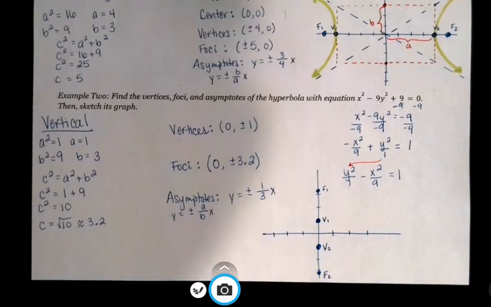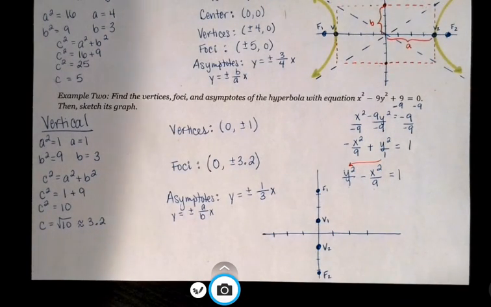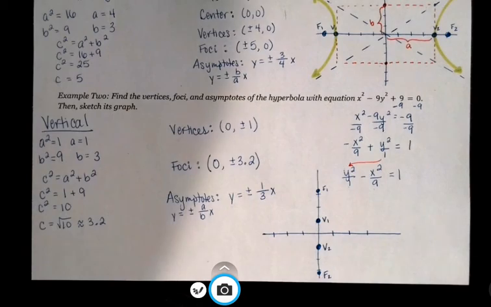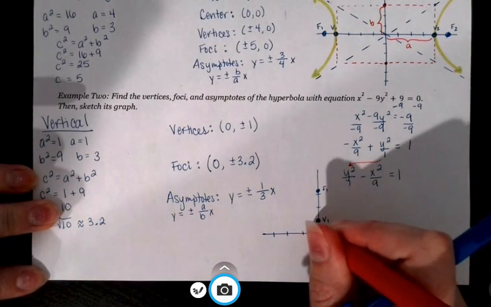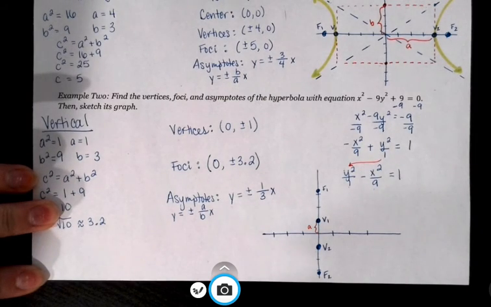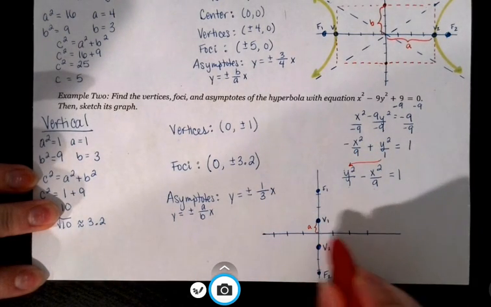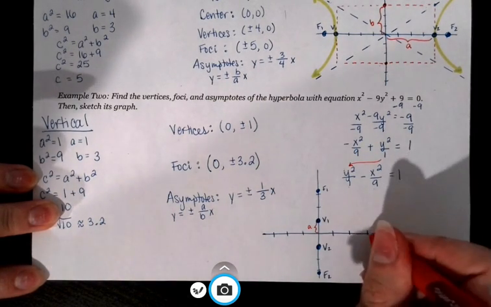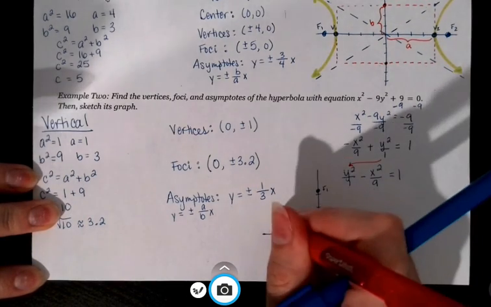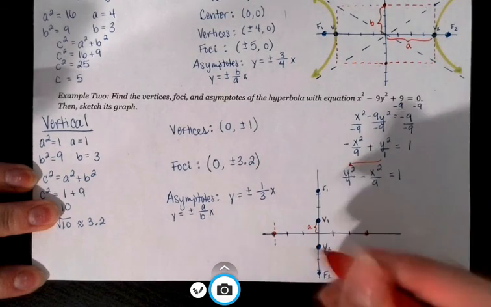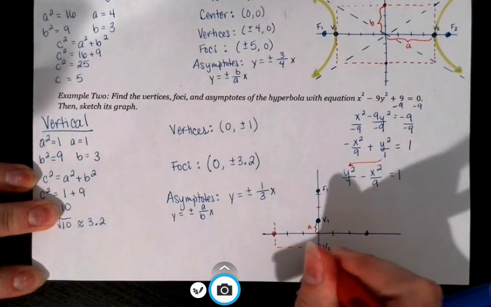I'm going to make the box because it will end up being easier when we shift our hyperbolas. So I know that this right here was my A. So that means my B has to go left and right. So I'm going to go out 3 because my B value is 3. And then I can make this rectangle.